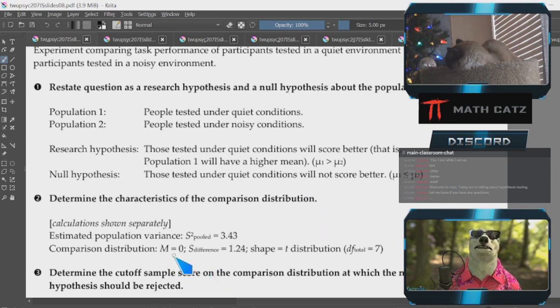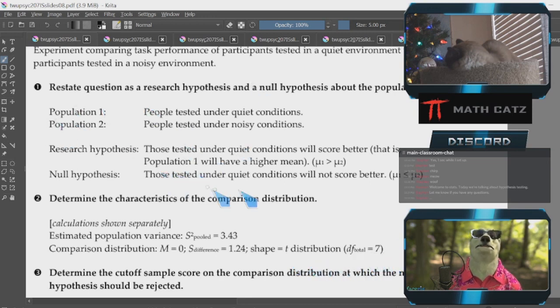So the sample will have a mean of 0, this should really be a mu, whatever. Standard deviation of 1.24. It'll be a t-distribution with total degrees of freedom.